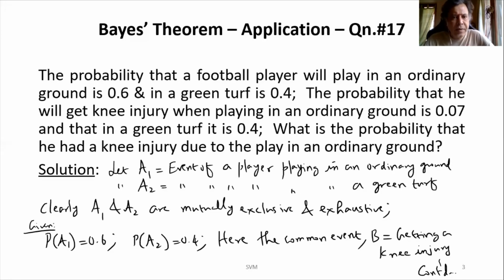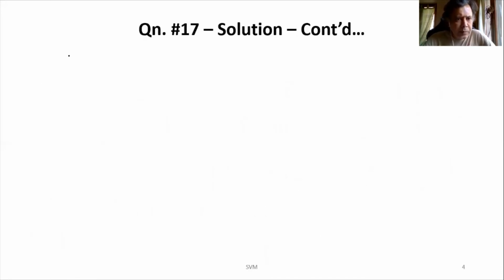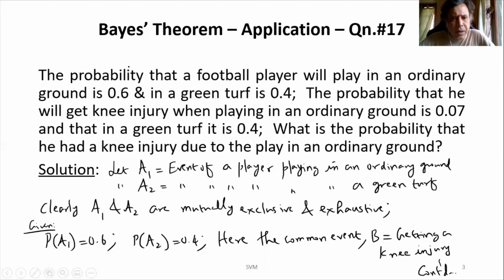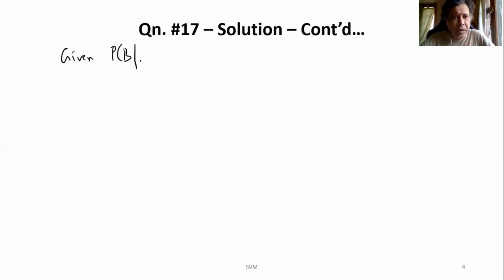Now, what is given? The probability that he will get a knee injury means probability of B. So I will say, given probability of B, when playing in ordinary ground, which is nothing but A1, B given A1 is known to be 0.07.